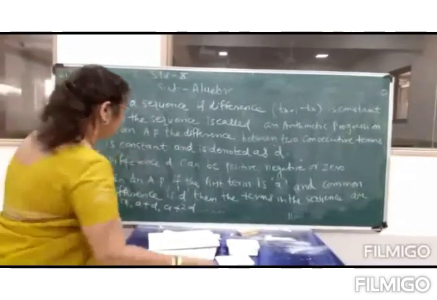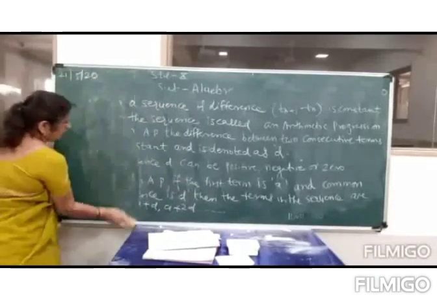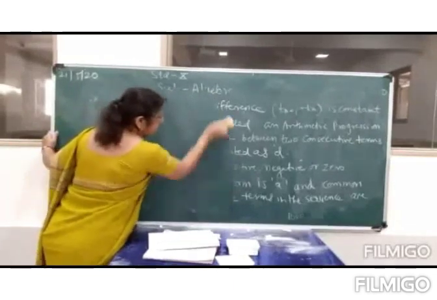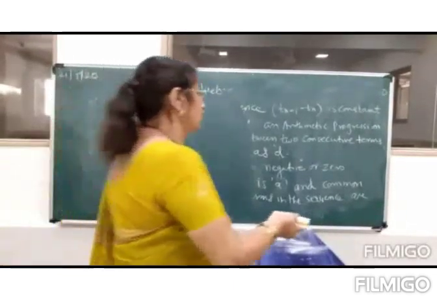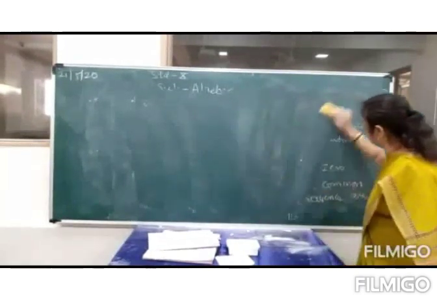Now, we will go for one activity. You have to write an example of finite and infinite AP.